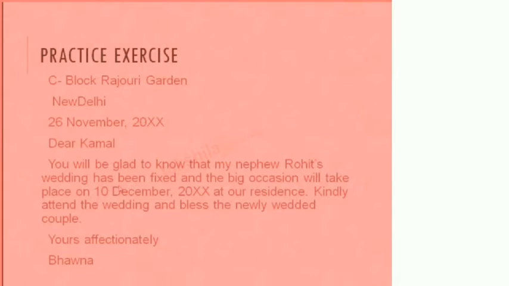It starts with the sender's address, C Block, Rajouri Garden, New Delhi, and then, leaving a line, we write the date, 26th November 20XX, followed by the salutation. Here, Dear and the invitee's name, Kamal.